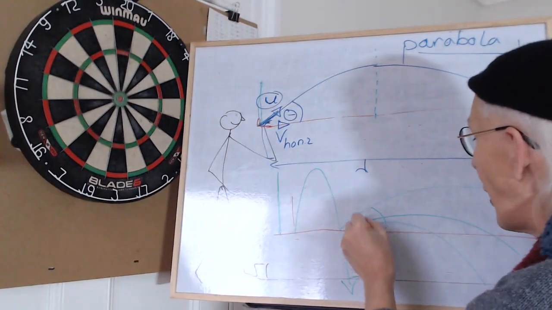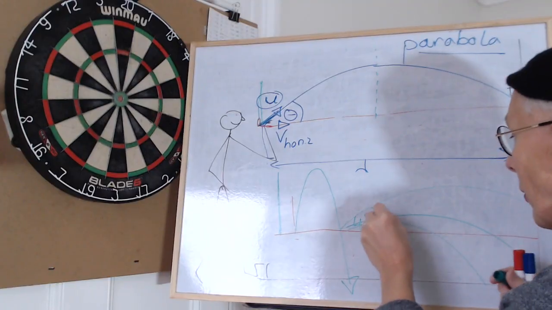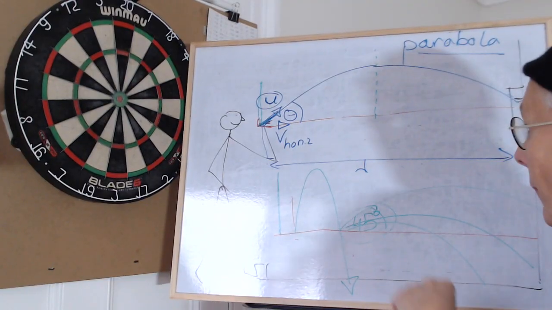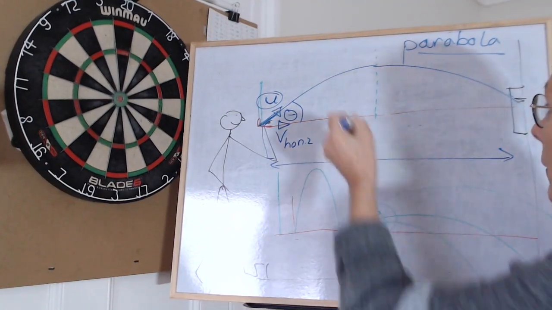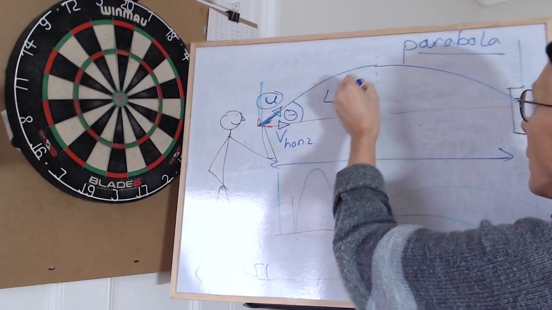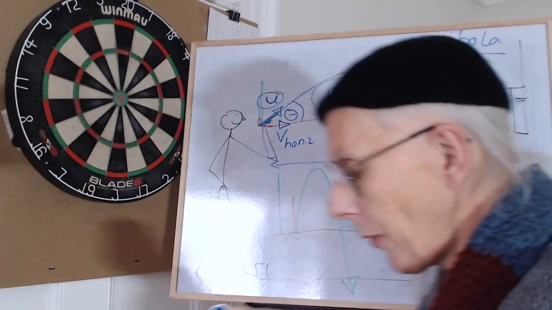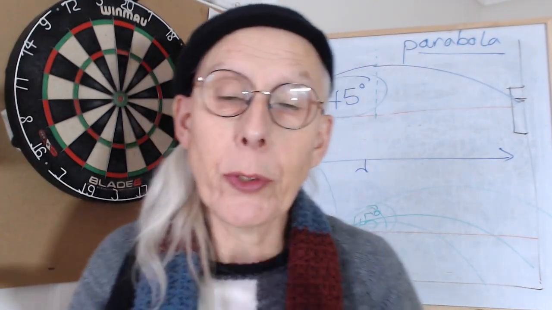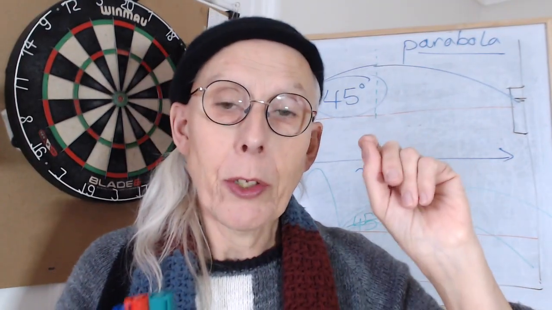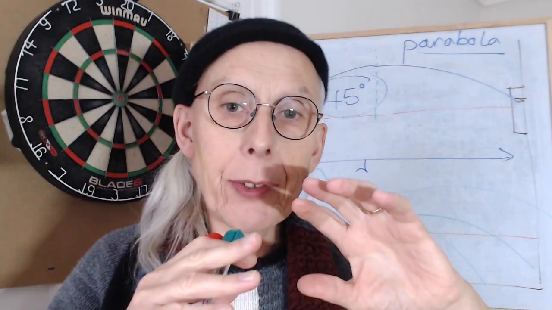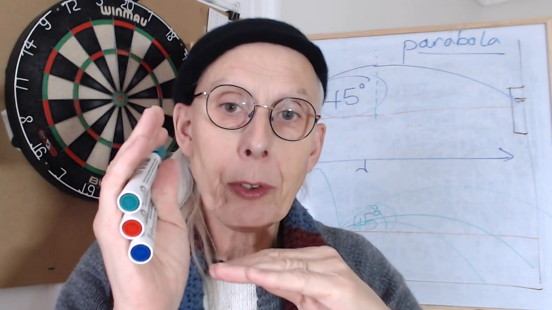It just comes out of the physics, you know. So 45 degrees is a very special angle in projectiles. That's kind of where, in the absence of air resistance, you get the biggest bang for the buck. You're perfectly balancing your vertical and horizontal components.